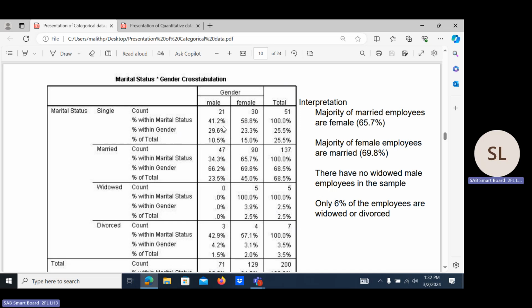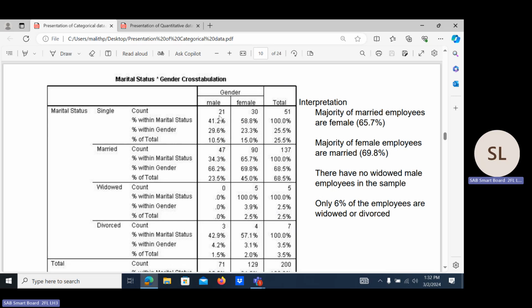Understood? Then the next one, within gender. First we take the total number of male respondents. How many? 71. Then 21 over 71 times 100.